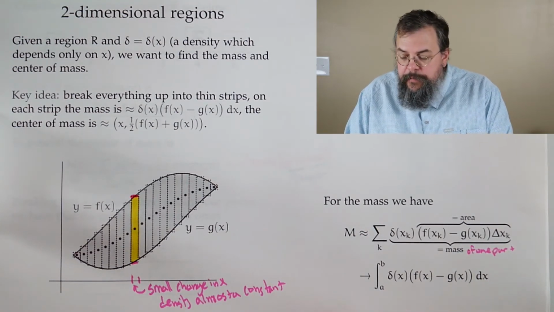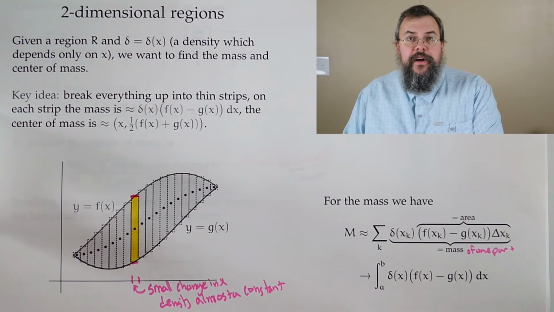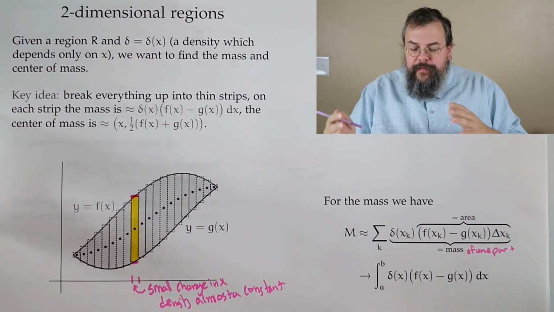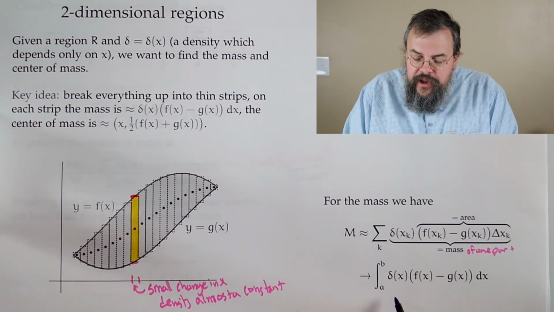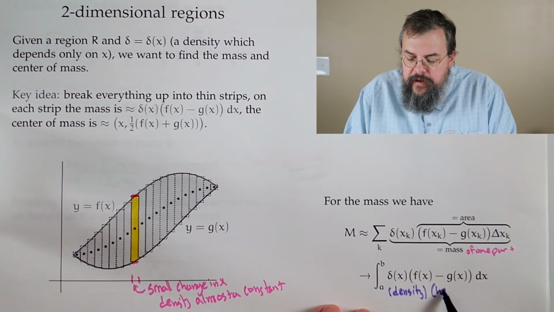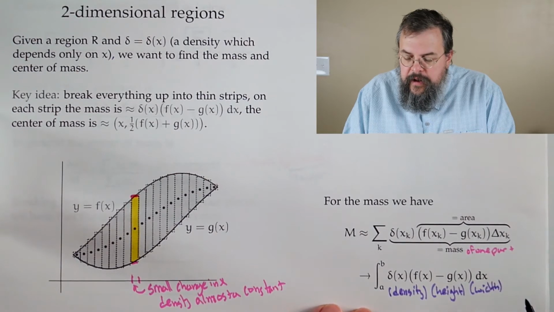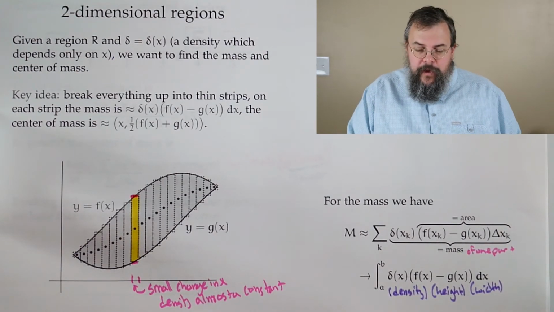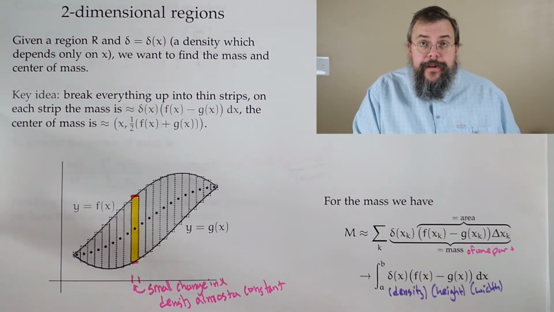Oftentimes, when I'm thinking of the formula, I don't memorize it in this format, delta x times f of x minus g of x dx. I think of it as, okay, it's density times height times width. And away I go. And life is good.